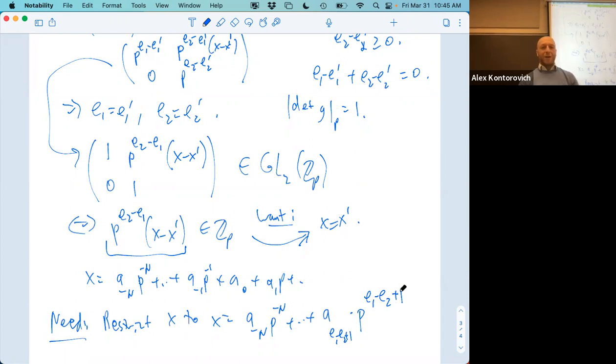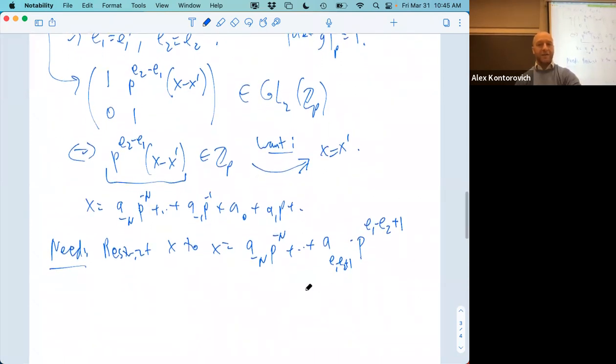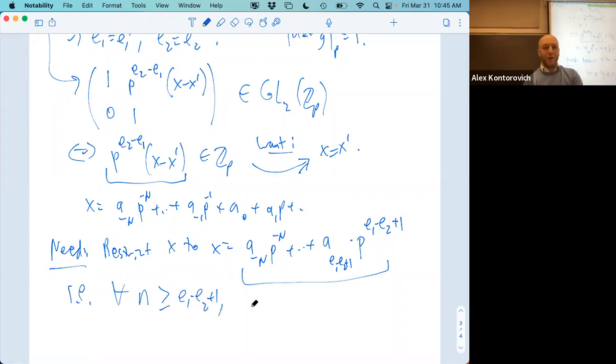So that when I multiply this, if X is restricted to have, i.e., for all N greater than E1 minus E2 plus 1, AN of X, the coefficients of X, are 0. So it has no tail. Assuming you restrict to that condition, X prime also has no tail.